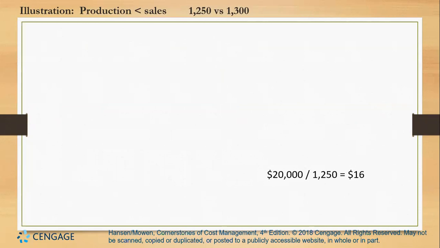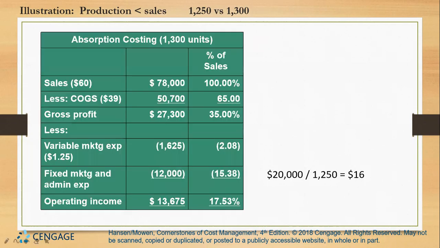And be guided by our rule that if sales exceeds production, or production is less than sales, then the net income under variable costing is higher than that under absorption costing. Okay, so again, we are going to determine the net income under absorption costing.